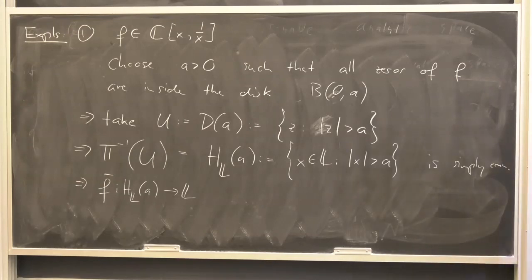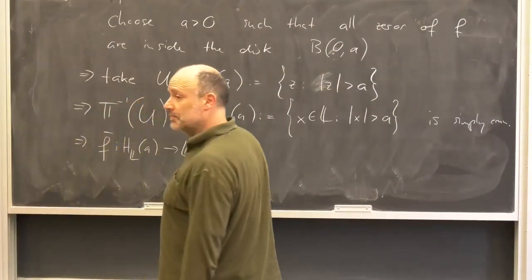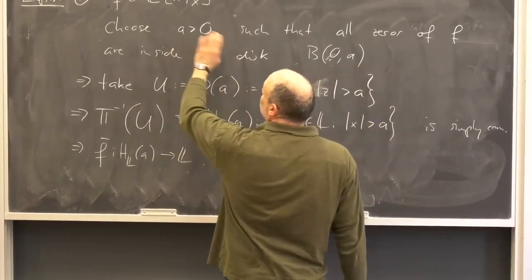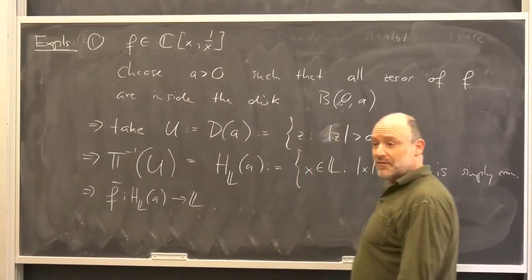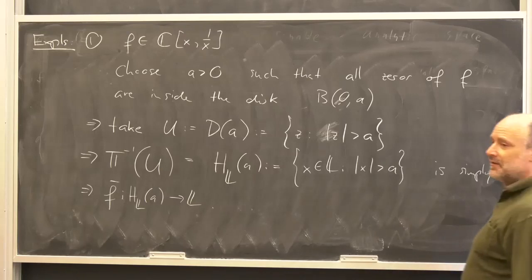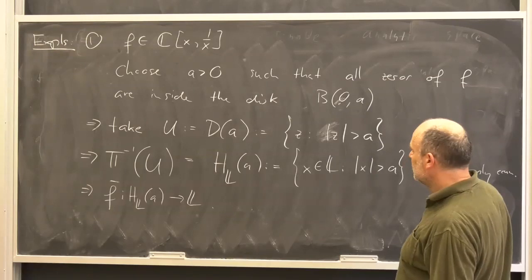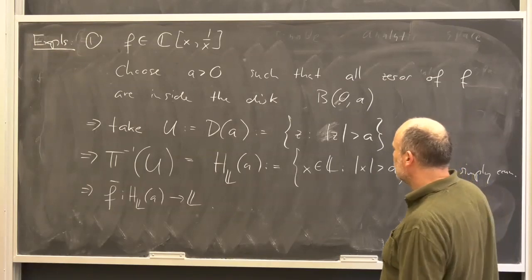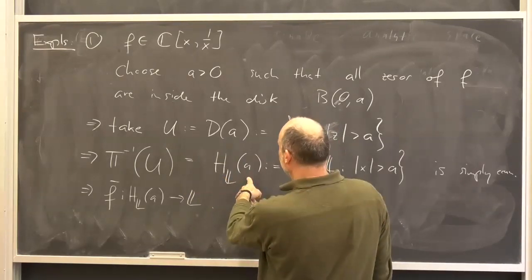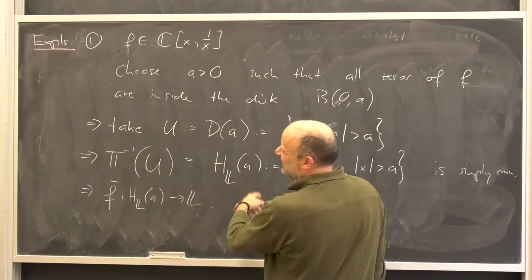Does that make sense? Does the extension depend on what A you chose? Yes, it does. As long as A is big enough so that F has no roots in D of A, I'm fine. You don't need to have this show up in your notation. Well, it does, U is the complement of D of A. No, I'm defining an extension.